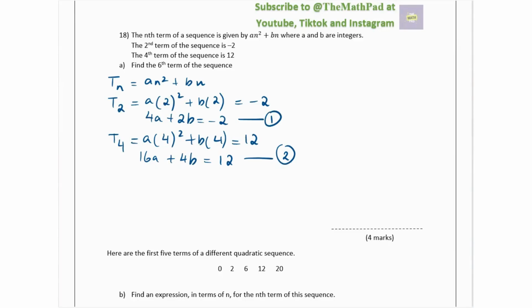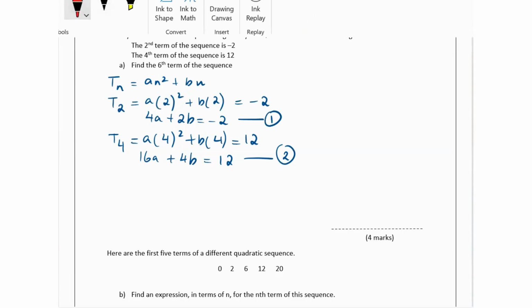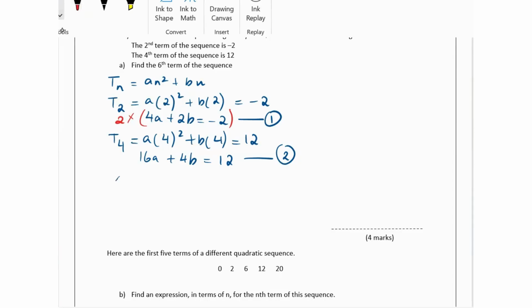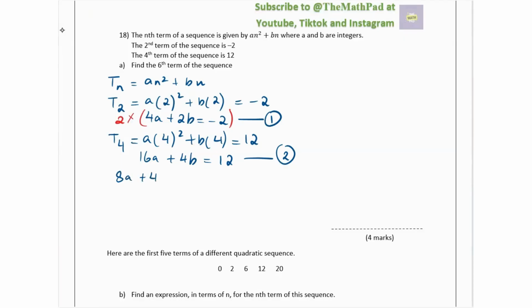So to solve it simultaneously, I can multiply the first equation by 2. So that's going to be 8a plus 4b equals to negative 4. And we have 16a plus 4b equals to 12.